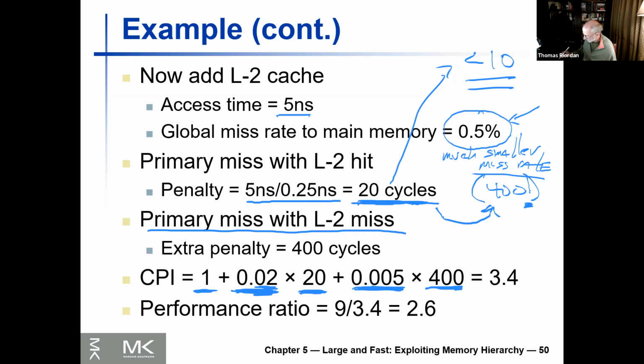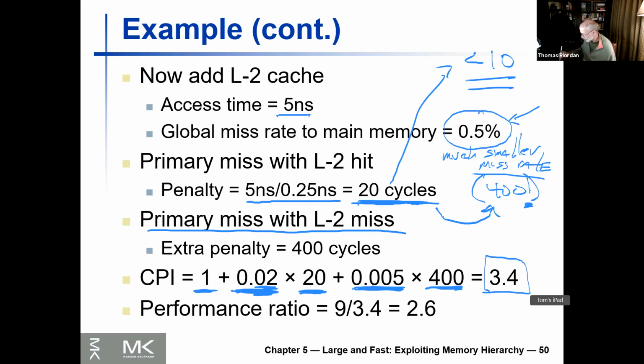So you can imagine that's going to make a very large difference, because that's a factor from 0.02 to 0.005, a factor of 4x. Anyway, so now you multiply all this out, and instead of 9, we get to 3.4.